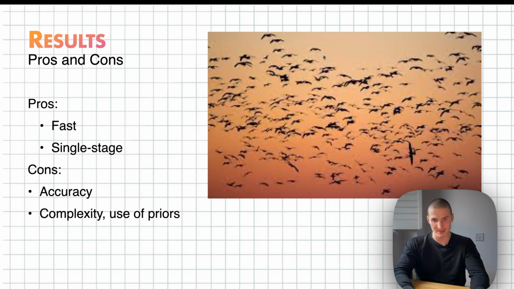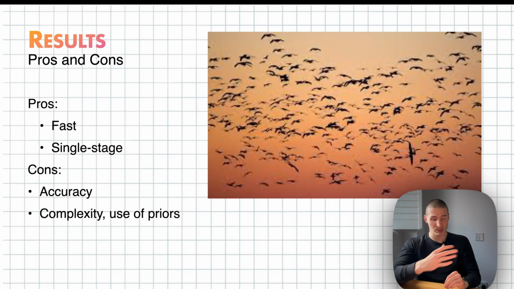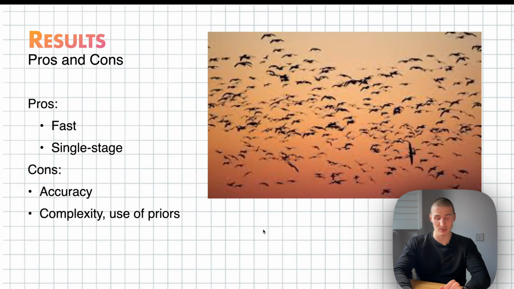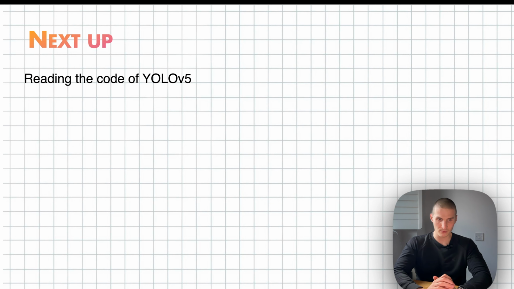If we have some unexpected aspect ratio that is quite far away from the expected anchor boxes, the model will not be able to recognize that. And this is not good. We want a model that is like a black box: we just throw data in, it trains, and it outputs good results no matter what the data is. And YOLO is not like that, unfortunately.